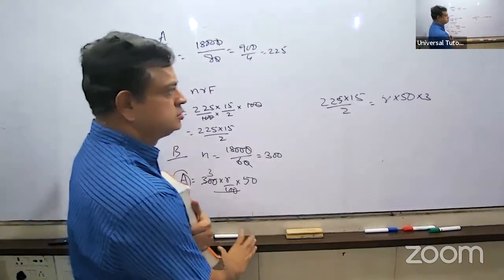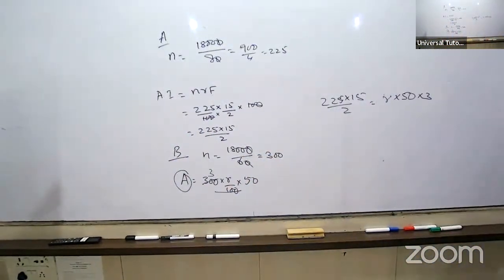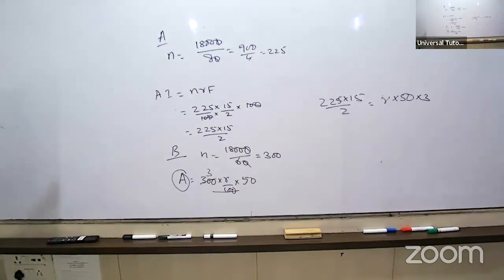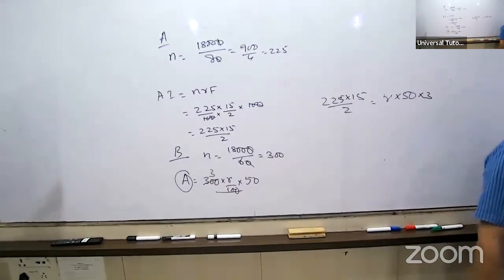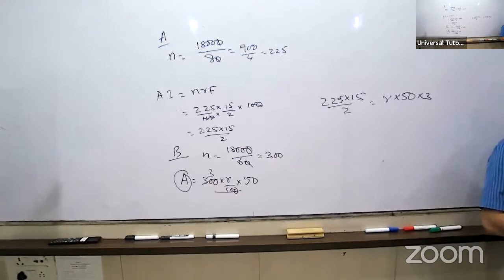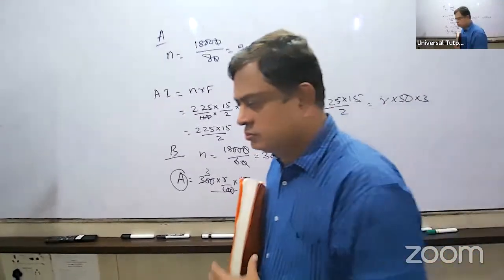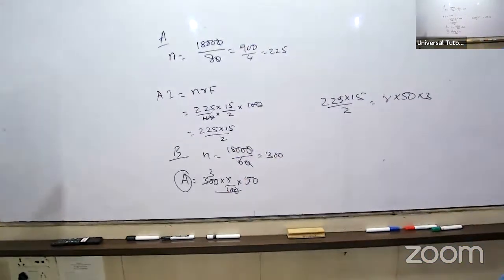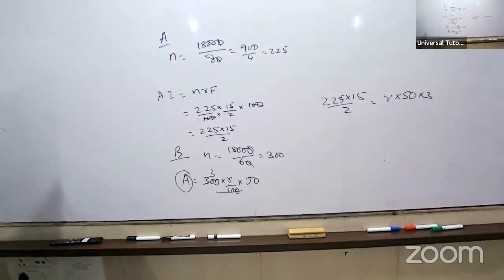Sir, wait. Sir, I got 45 by 11.25. 45 by what?